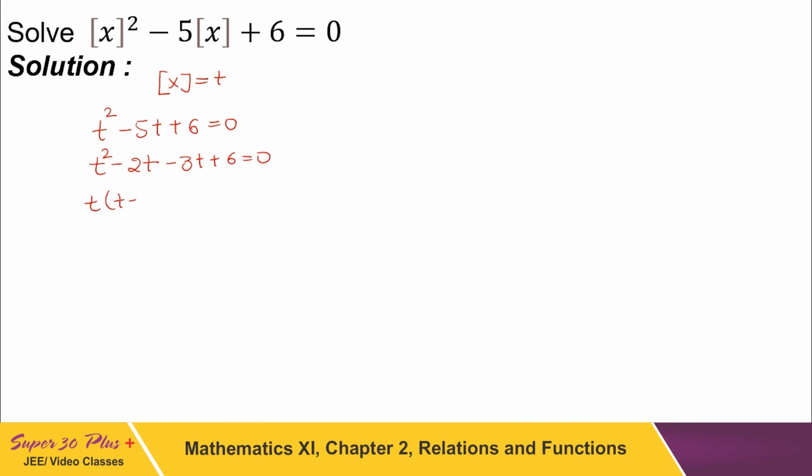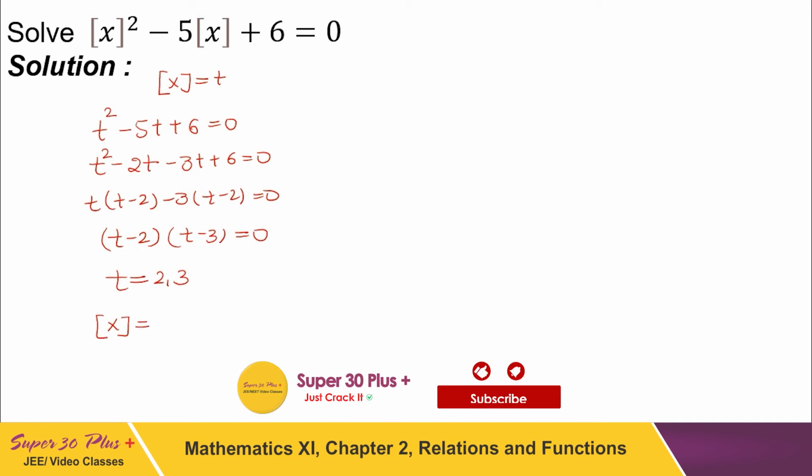t is common here, t minus 2 is common. As we know, the factors of this equation are t minus 2 and t minus 3 equal to 0, which means your answer will be t equals 2, 3. What is t? t is the greatest integer of x, which means the greatest integer of x is 2 or 3.